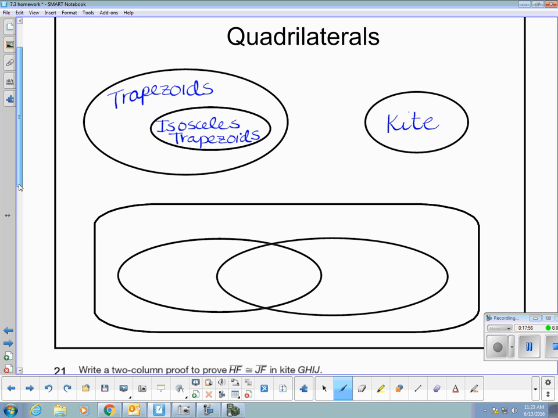Now that leaves parallelograms, rhombuses, rectangles, and squares. And all of those figures that I just mentioned are considered part of the parallelogram family. So this last great big family down here is the family of parallelograms. Within the parallelogram family, we have rhombuses, rectangles, and squares.